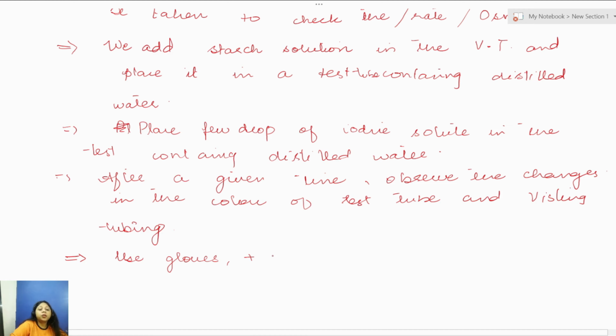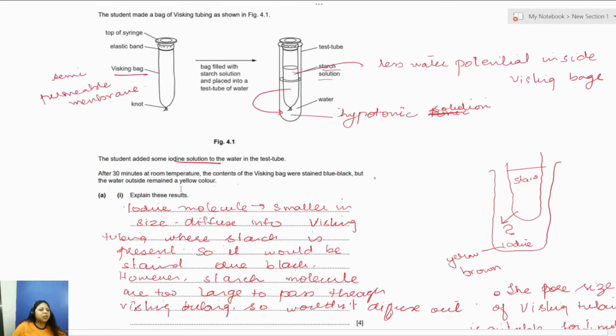Listen, while you're using visking tubing, have you seen the visking tubing? No? Okay, how to explain it? It's a type of test tube, but of rubber, let's say.